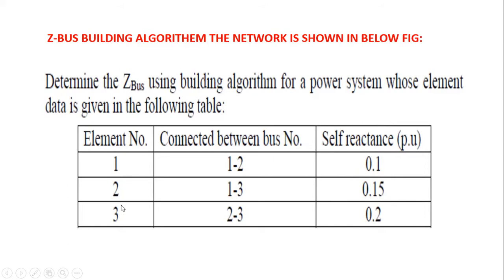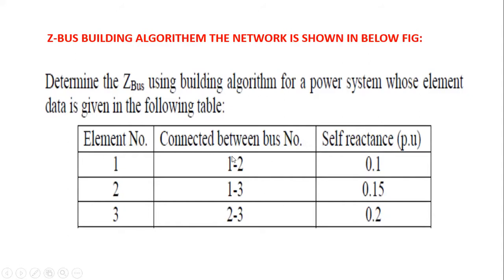We have three elements, element 1, element 2 and element 3, and also three buses, bus 1, bus 2 and bus 3, and the self reactances are 0.1, 0.15 and 0.2. This is the table.